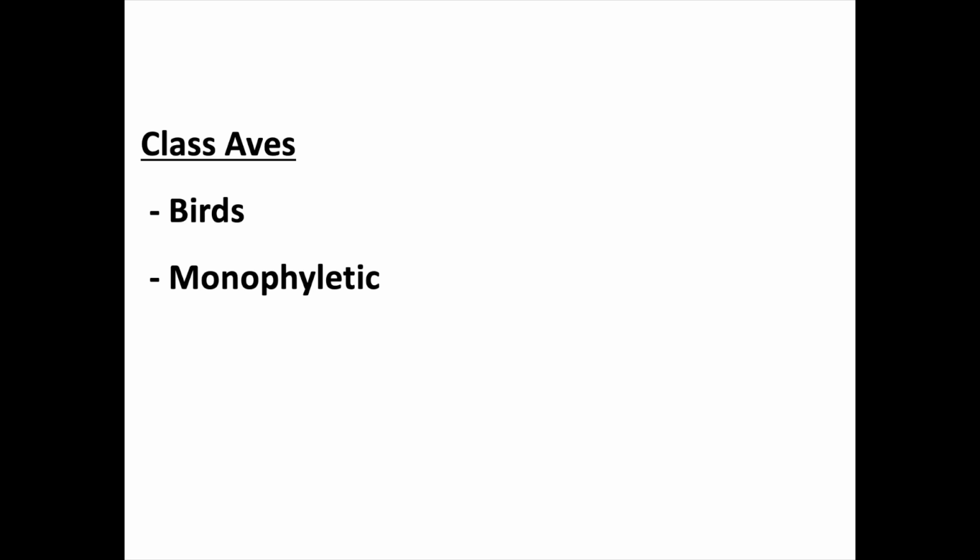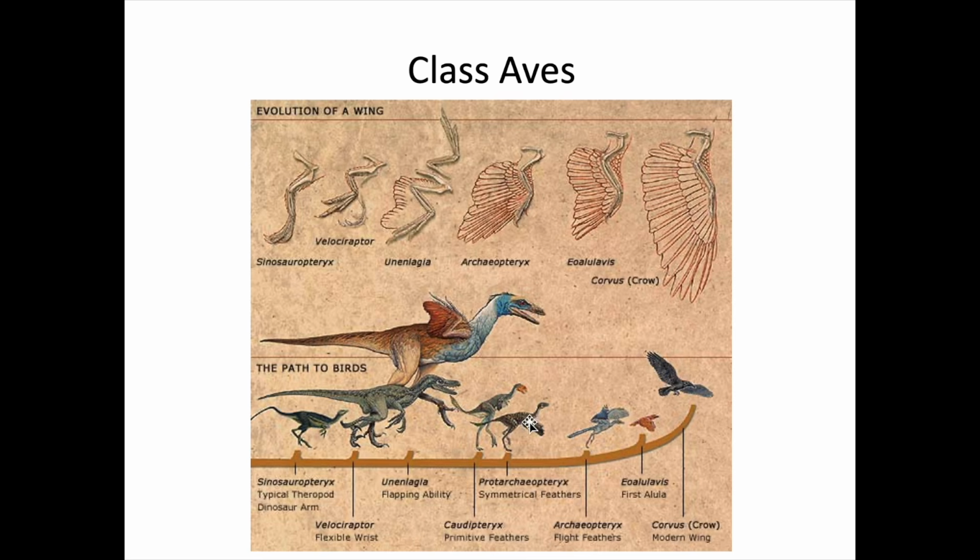Class Aves, birds, monophyletic. I've mentioned this a couple of times, but here is what I've been describing of birds evolving from this group of dinosaurs. They have hips that are very similar to that of birds. They have arms very similar to that of birds. And some of these dinosaurs, there's even evidence that they had feathers, but they were not capable of flight.